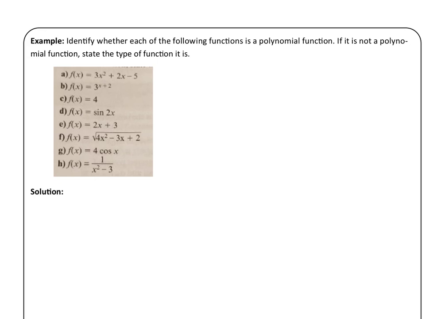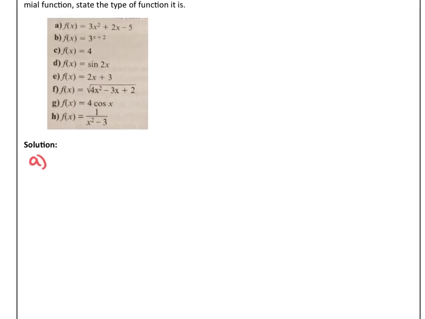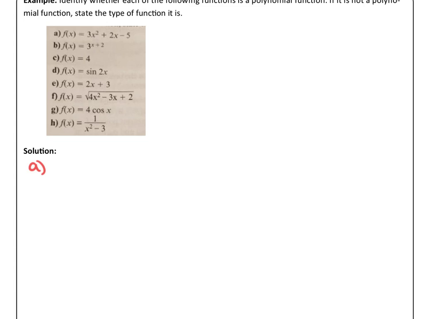So let's do A first. f of x equals 3x squared plus 2x minus 5. Now this is a function with many terms where you have the coefficient and the variable on it. And so this is, yes, a polynomial. All ours are going to look kind of like this one.